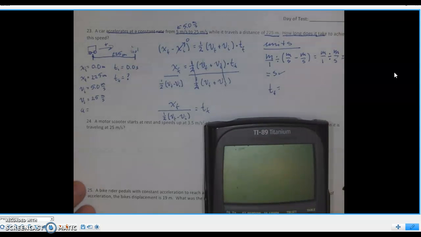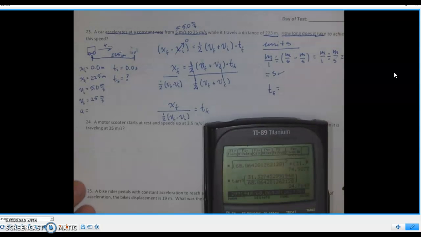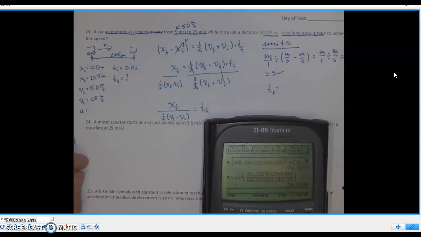Now, if you do not include your list of knowns and unknowns, then you do need to communicate to me what you mean by x final and velocity initial and all that. So x final was 225 meters divided by 1/2, which was multiplied by velocity final, 25, plus velocity initial, which is 5.